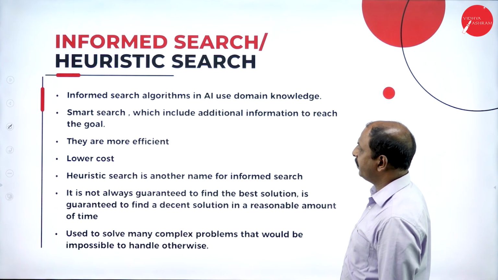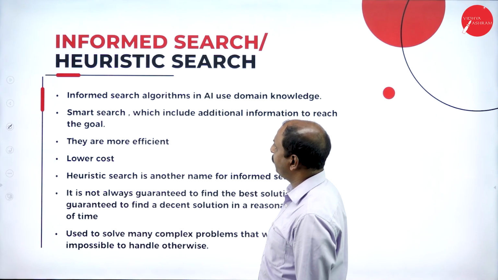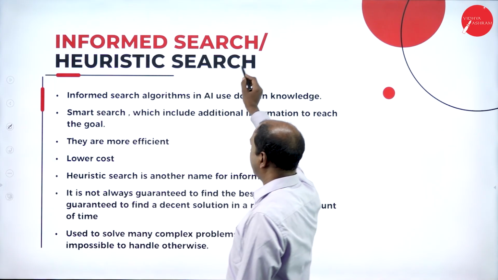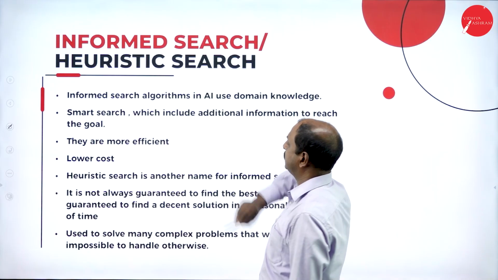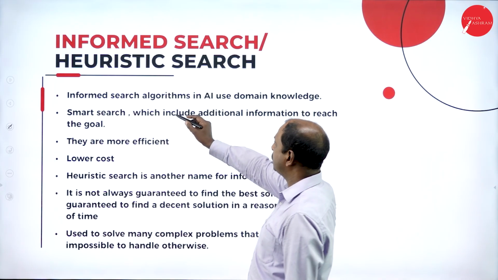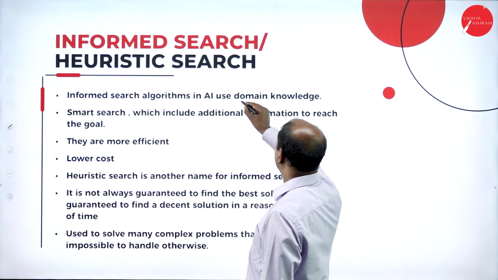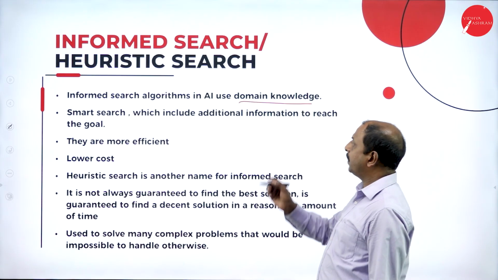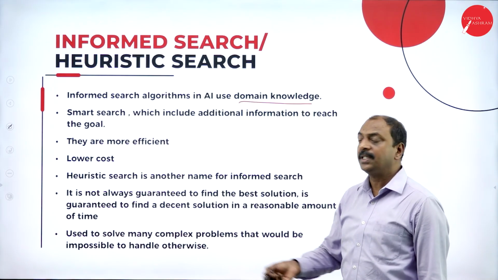In the next slide, we will see the definitions of informed search or heuristic search. Now here, informed search algorithms in AI use domain knowledge. This point was missing in the previous uninformed search.